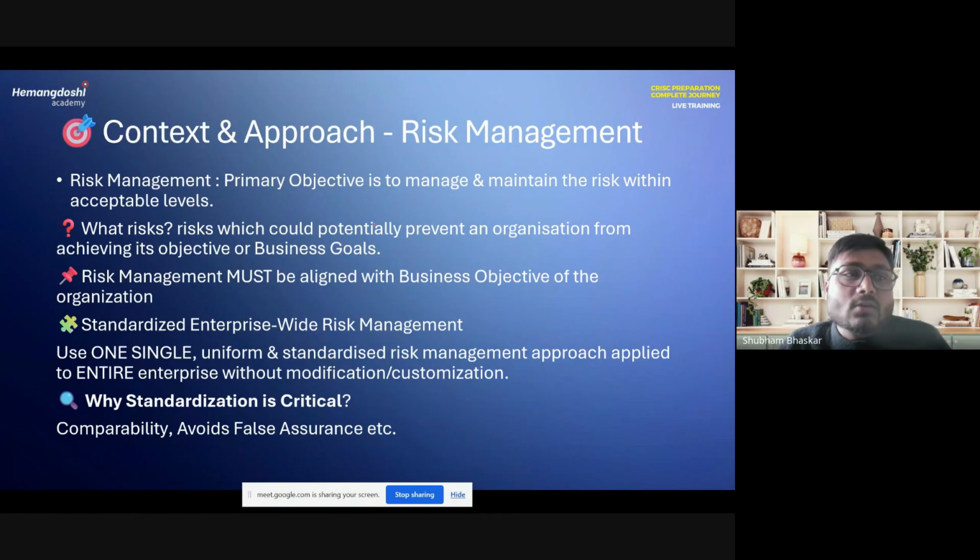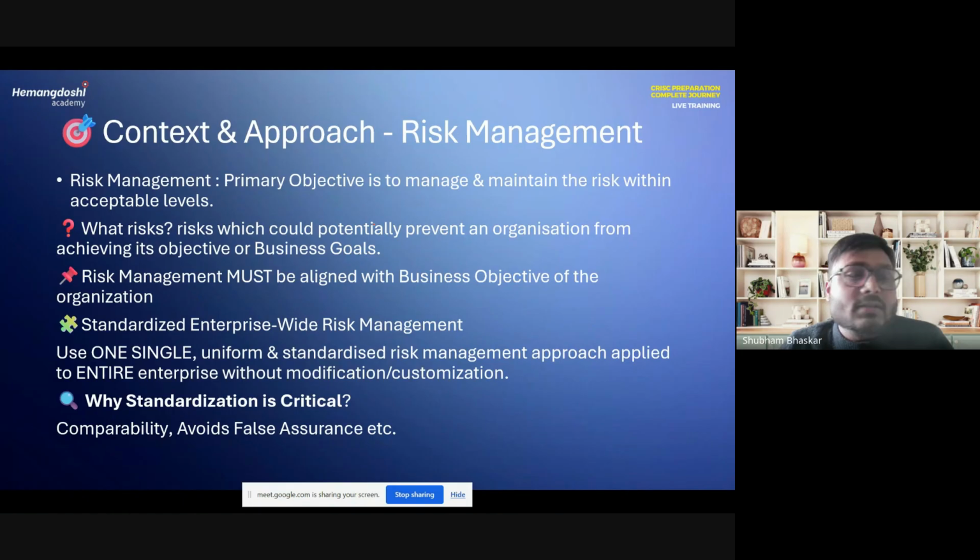Risk, you already know, is anything that has potential to cause harm to us, the company. So what's the primary objective of risk management? The primary objective is to manage the risk and maintain it within acceptable levels.